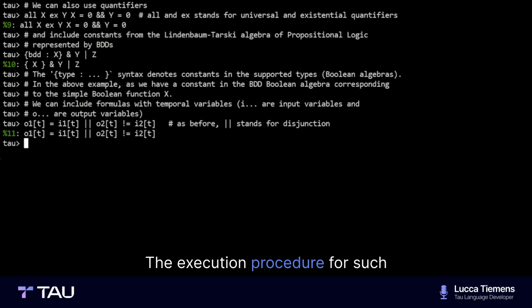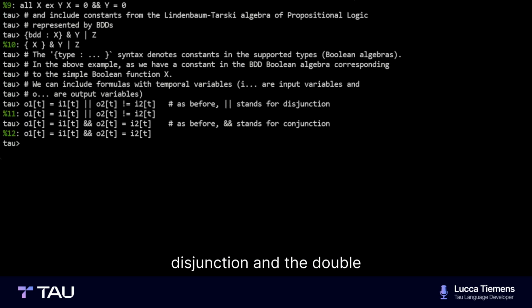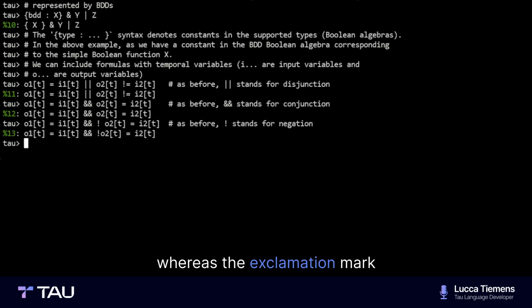The execution procedure for such a formula will later generate a sequence. In this example, as before, the double pipe stands for disjunction, and the double and stands for conjunction, whereas the exclamation mark still stands for negation.